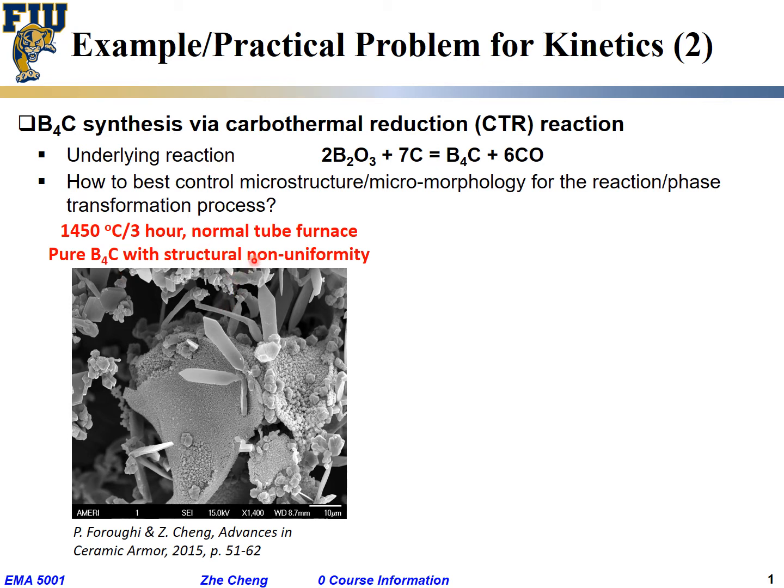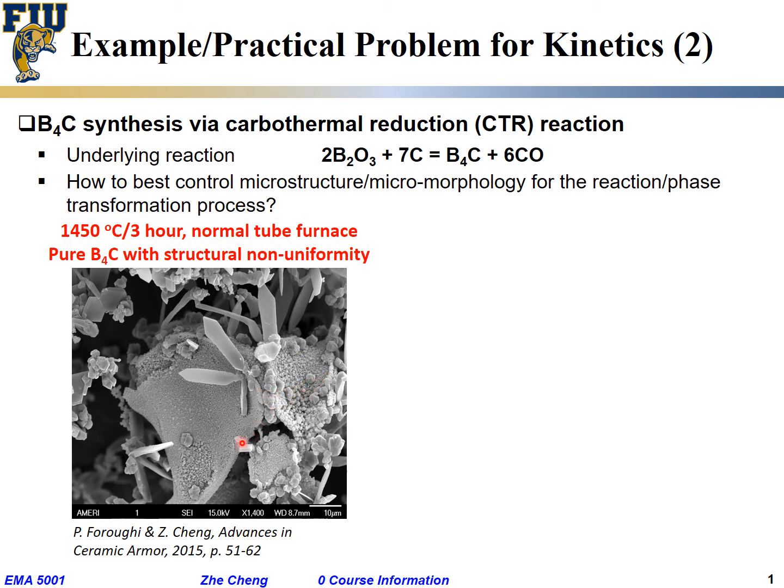But I call it structural non-uniformity. Do you agree? Just from this couple of hundred micron view, I'm seeing some of the boron carbide look like this huge crystal, right? Some of them look like a dagger or sword.